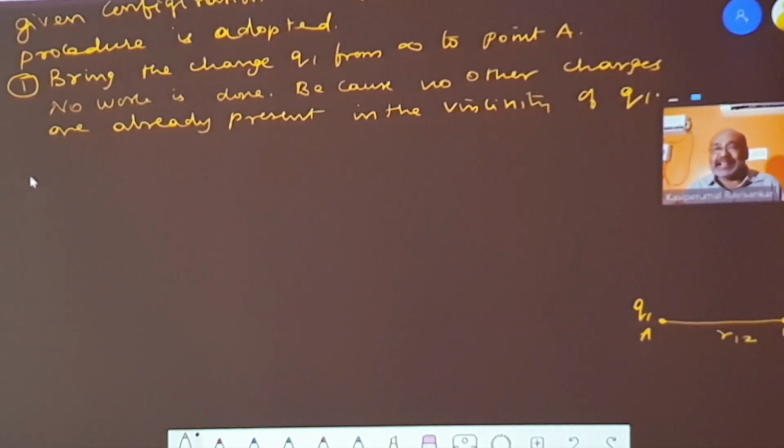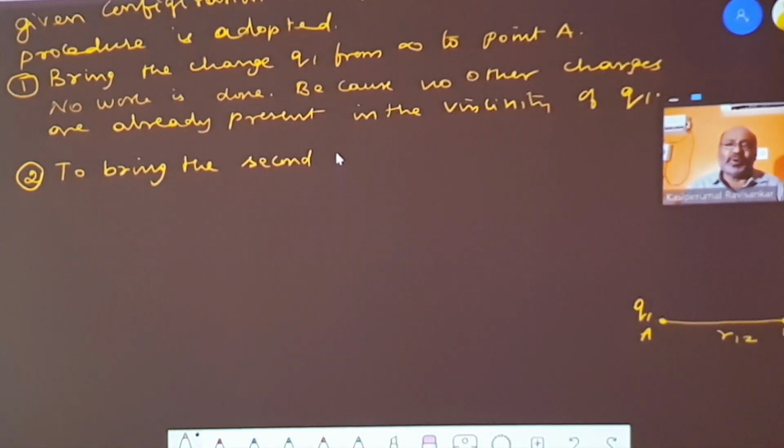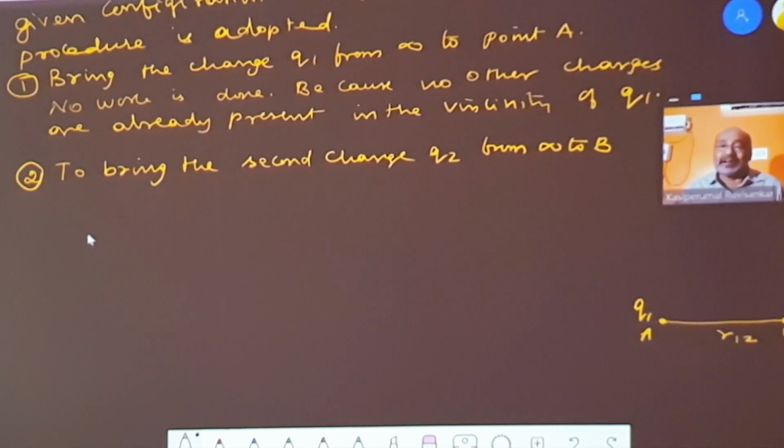So what is the second point? The second point that we have to consider is to bring the second charge. To bring the second charge Q2 from infinity to the point B, a work must be done.